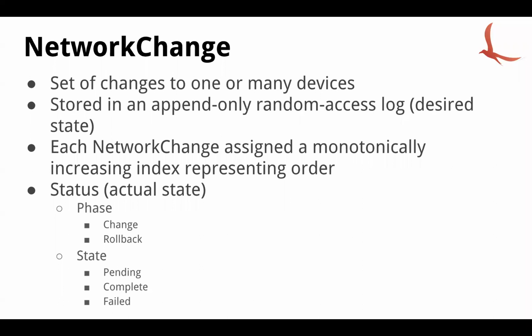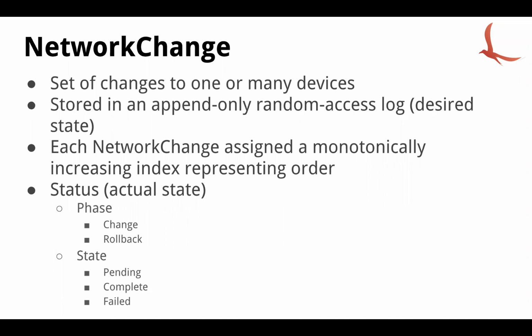And so the network change contains a set of changes that are potentially to one or more devices, which I'm using because that's the old terminology. It's stored in an append-only log in that index map data structure that I talked about earlier.